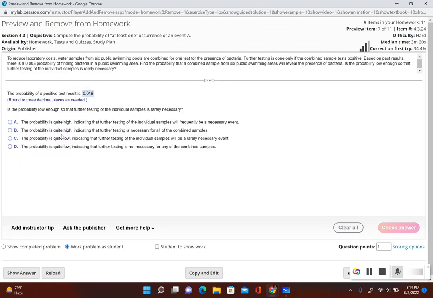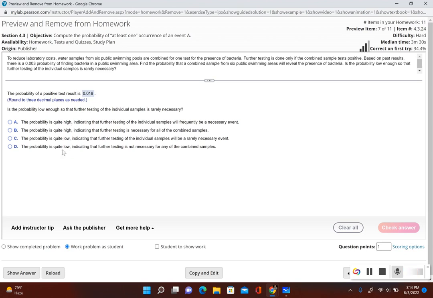Okay, and now it's asking, is the probability low enough so that further testing of the individual samples is rarely necessary? Well, we have a probability of 0.018. This is really 1.8%. So 1.8% of the time, it will test positive. That's pretty low.